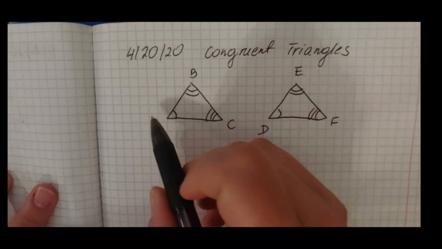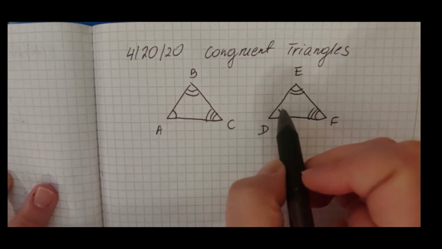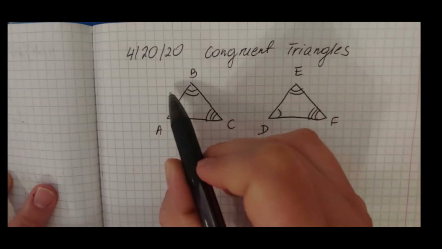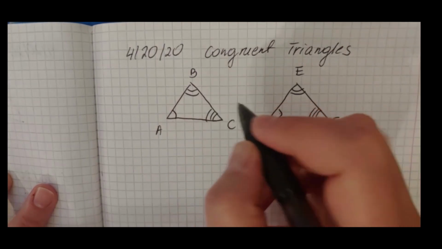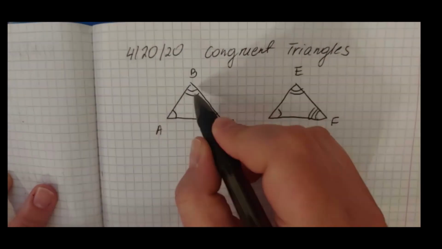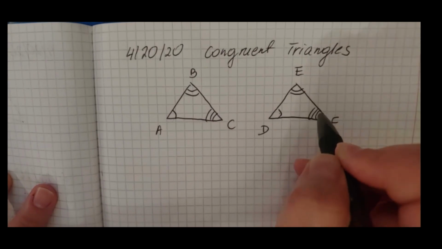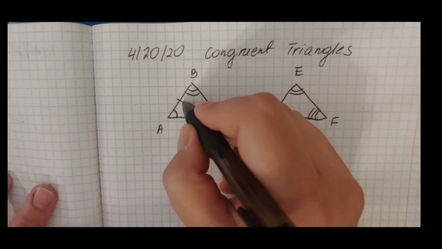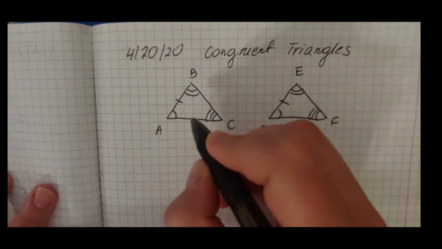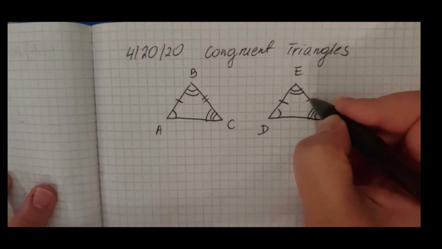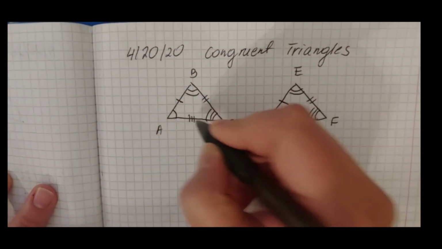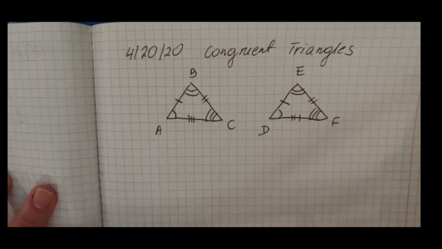Okay, that's how you mark angles. So angle A is corresponding to D and congruent with D, and one arc, two arcs, two arcs, three arcs, three arcs. They're also going to mark the sides for us: 1, 1, 2, 2, 3, 3.